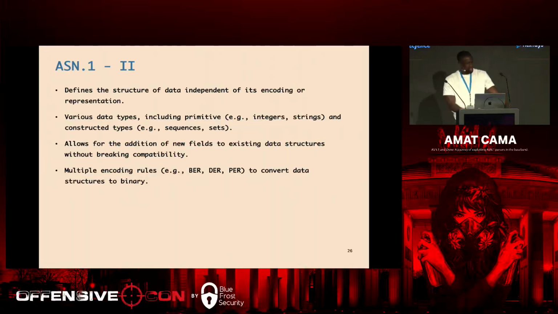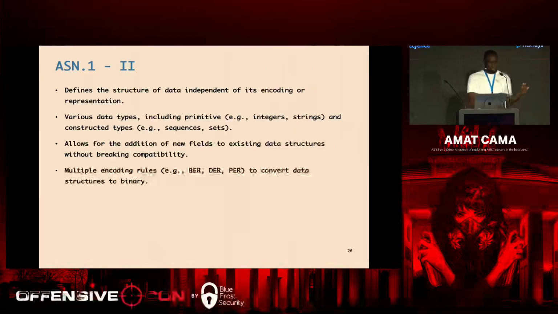It's designed so that you can add existing fields to new data structures when you update, without breaking compatibility. And it uses encoding rules, which are basically how you convert the data structures to a physical representation.